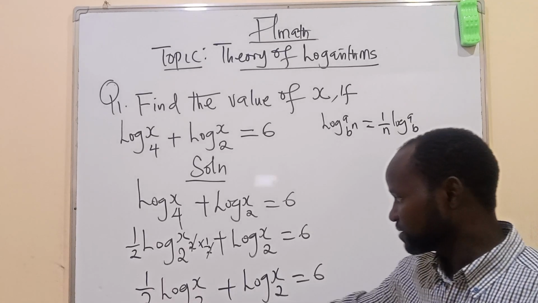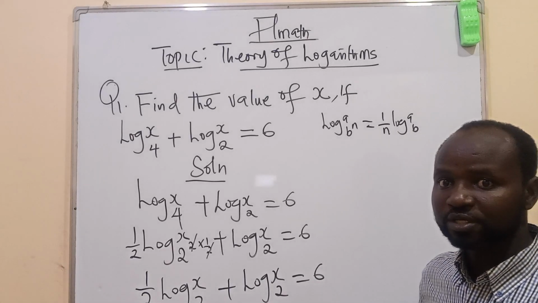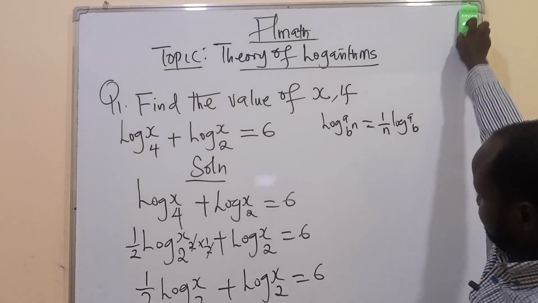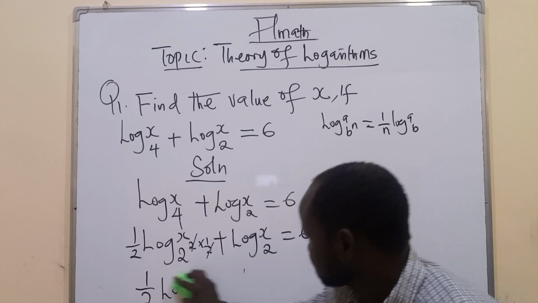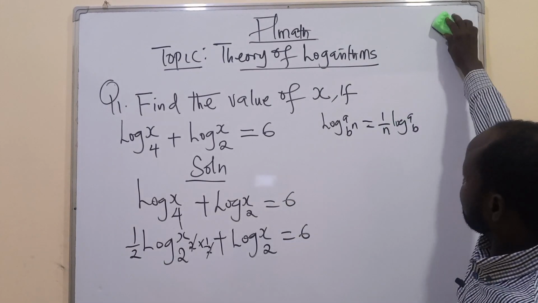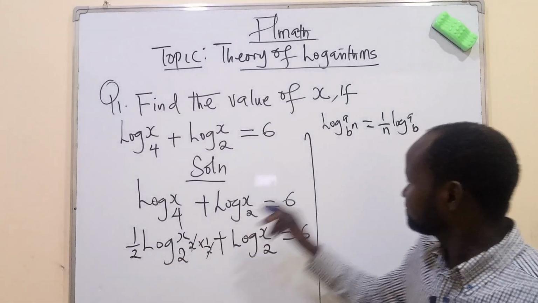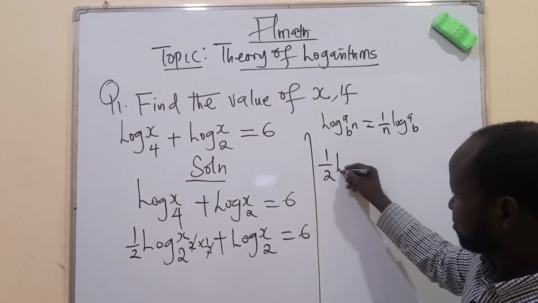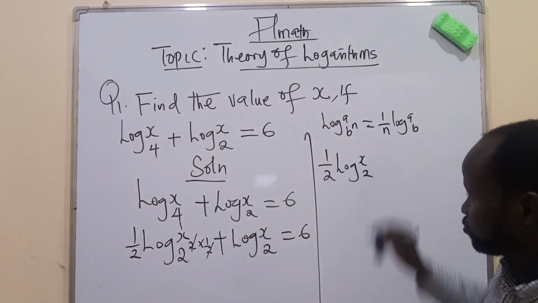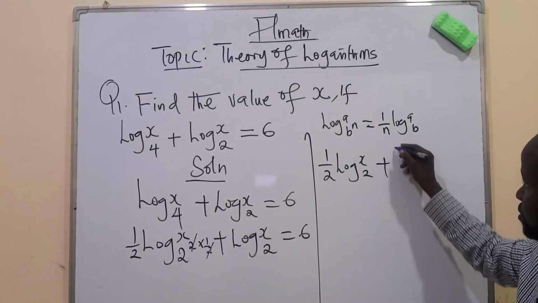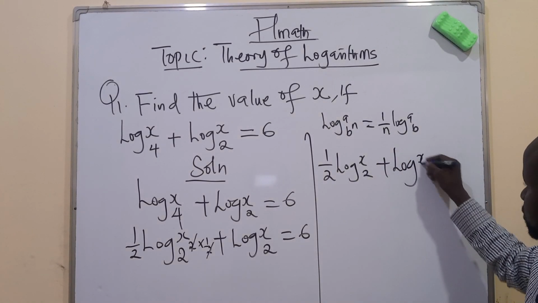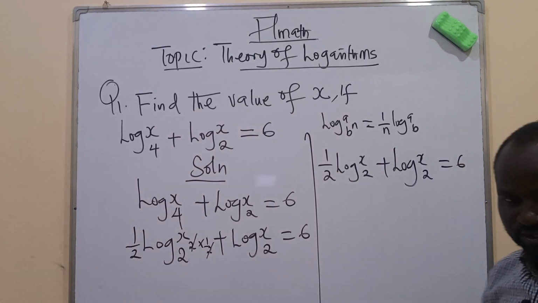You can see clearly here the base is 2, the base is 2, and we have half. And let me take this up so that we can see it clearly. Let's move here. As I said, we'll be left with half. That will be half log x to base 2 plus log x to base 2 equals to 6.